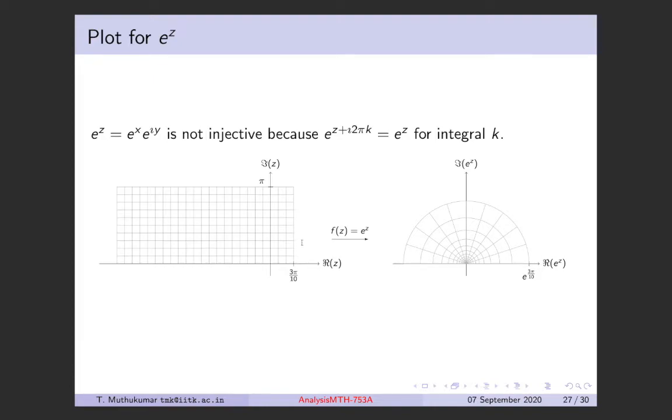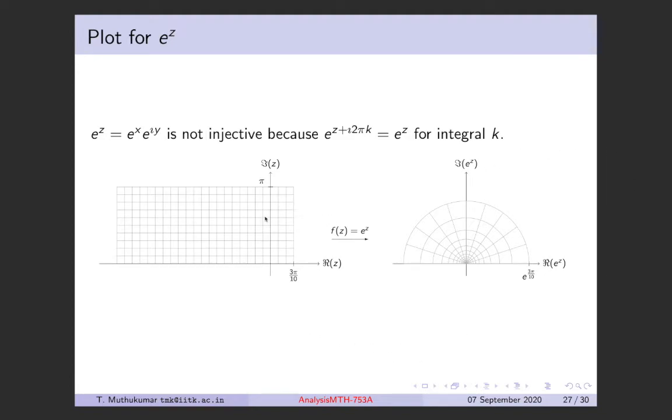Now the point that we try to see here is that, as I said, the imaginary axis gets mapped to the unit circle, and all the points on the left hand side of the imaginary axis, that is the left half plane, get mapped inside the unit circle, and the right half plane gets mapped outside the unit circle.